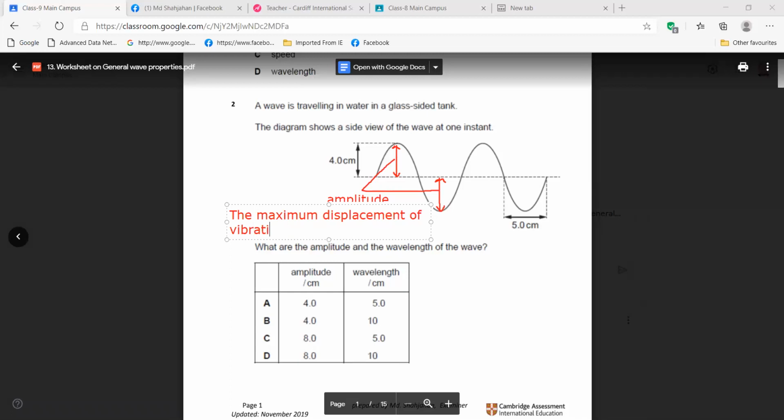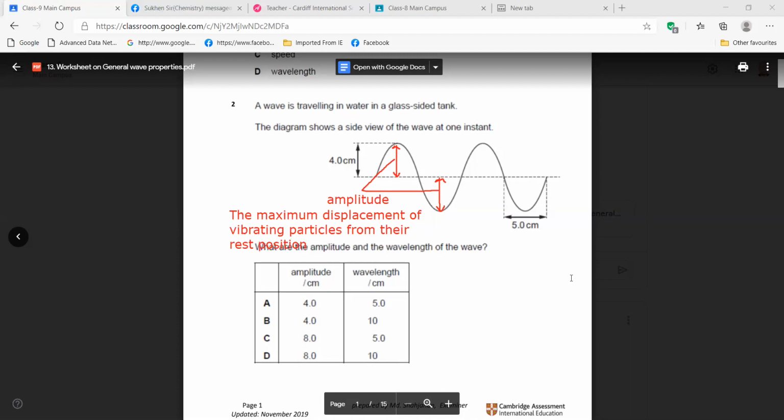The maximum displacement of vibrating particles from their rest position. This definition sometimes comes in exams, so you should learn it. It is called amplitude. At the peak the vibration is maximum, we are getting the maximum displacement, that's why it is called amplitude.